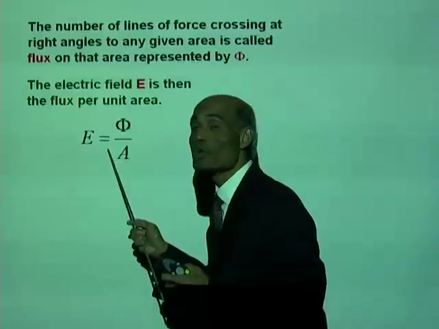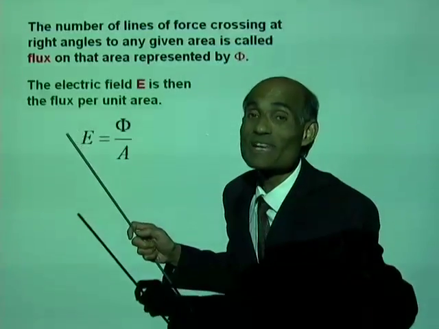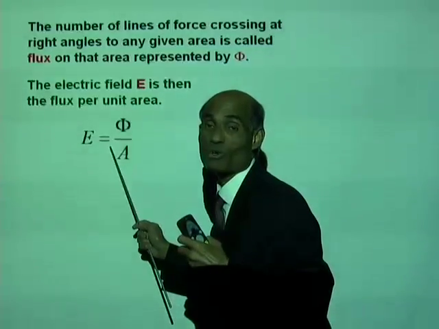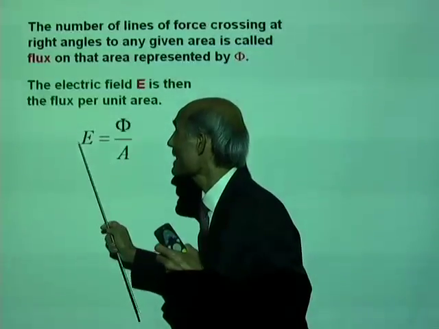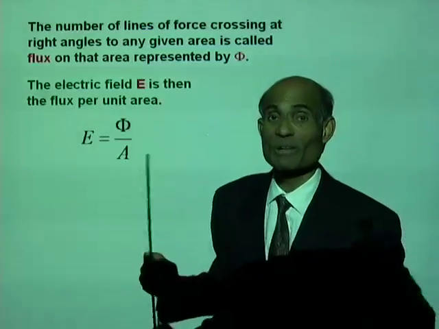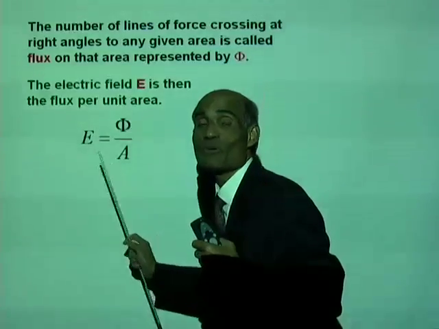I want you to look at this carefully and learn it. We are going to use it in the next lesson. So you must be very well thorough with this. What is the definition of electric field using the concept of electric flux? E is flux per unit area.